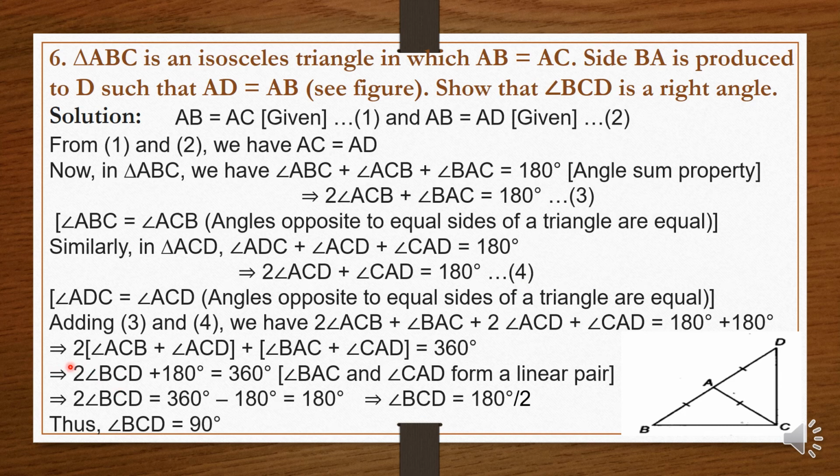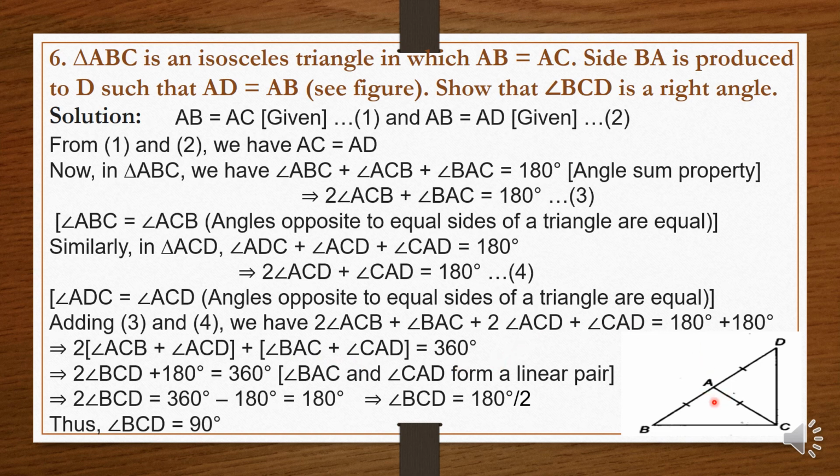This implies, taking 2 common from these two expressions, we get twice of angle ACB plus angle ACD plus angle BAC plus angle CAD is equal to 360.